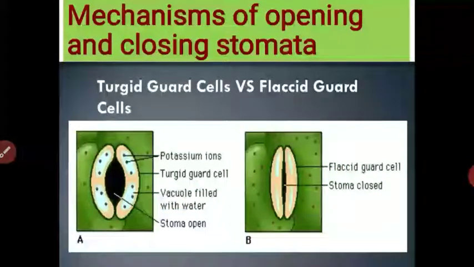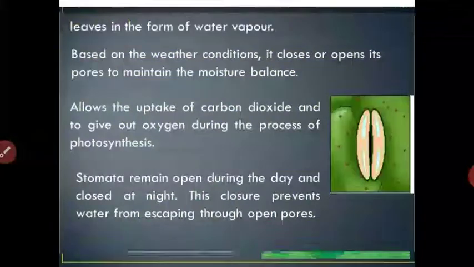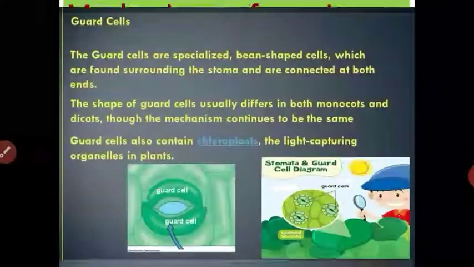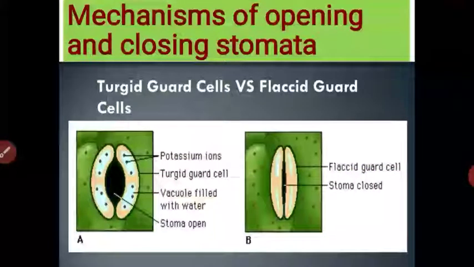See the mechanism of opening and closing of stomata. The first figure contains water vacuoles, and the water vacuoles are filled with water. Due to the filling of water, the guard cells become turgid, swelling up.